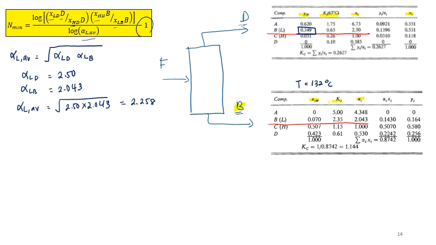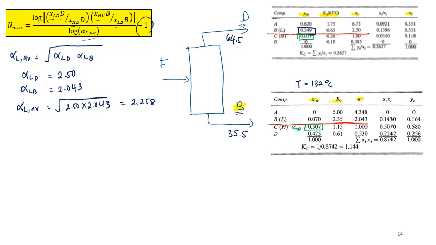So the flow rate of the distillate is previously 64.5 here, and the flow rate of the bottom product is 35.5 here. XHD is X of the heavy component in the distillate product, so that would be this one. XHB, X of the heavy component in the bottom product, is this one.